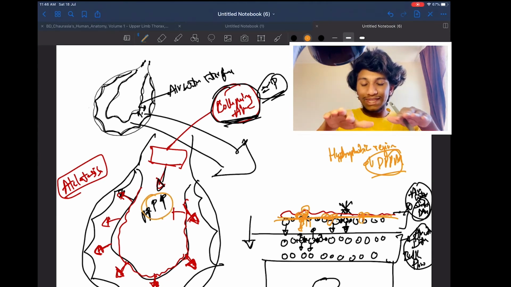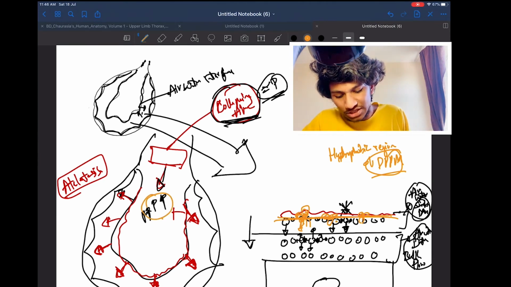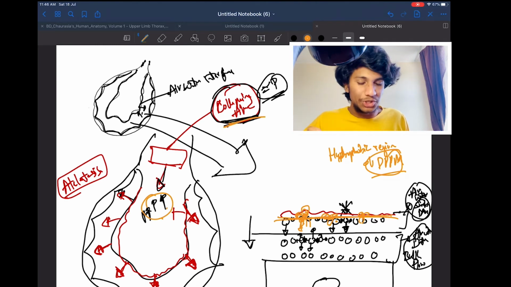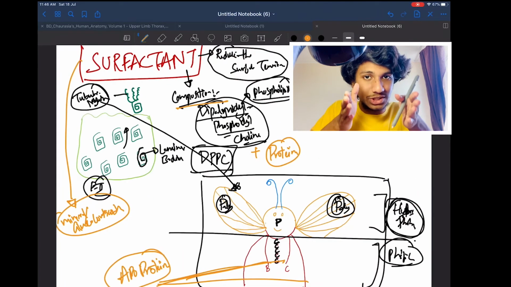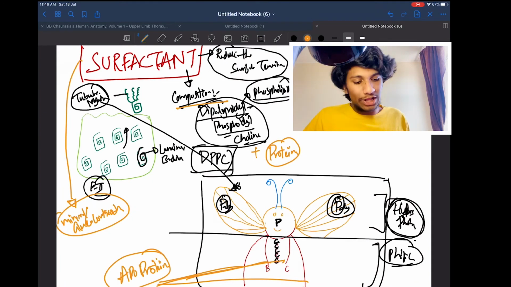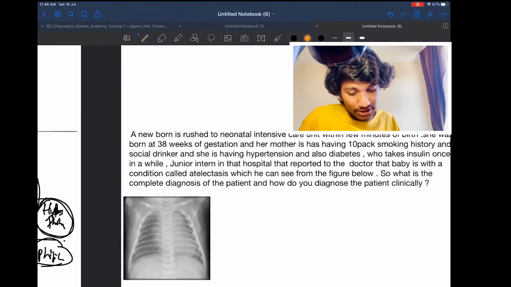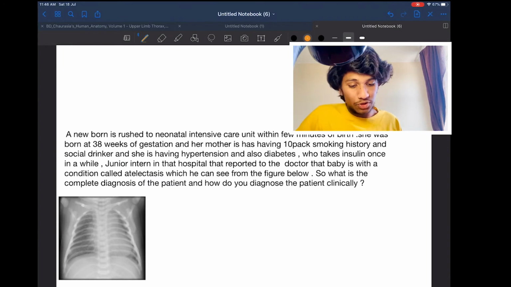So there will be a decrease in the pressure, or the collapsing pressure would decrease as the tension is reduced. So this pressure is reduced, and the collapsing pressure which we need to maintain will also get reduced, and that's the normal functioning of the alveoli. So this is the surfactant, and this is the composition.